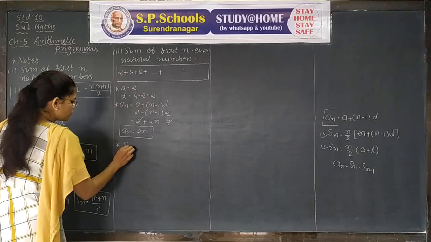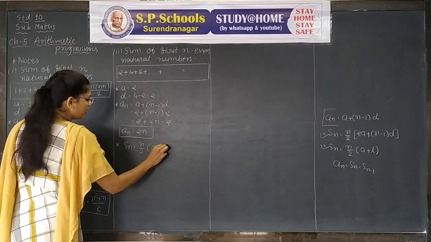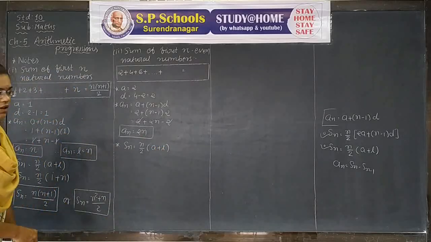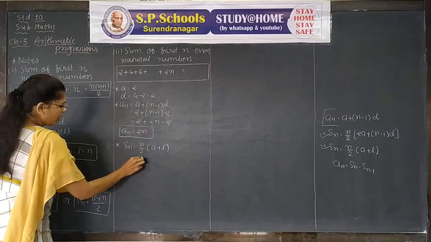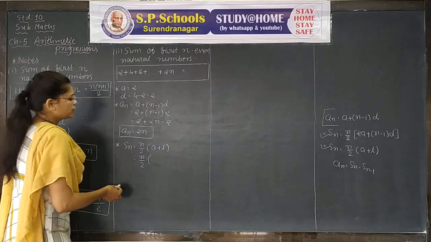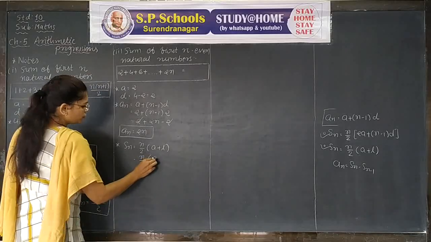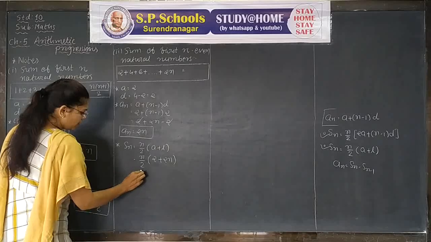Now we are using the formula to find Sn, n upon 2 into bracket a plus l. Here an is equal to 2n. N as it is because it is the sum of first n even natural numbers. A is equal to 2 and the last term l is equal to 2n.